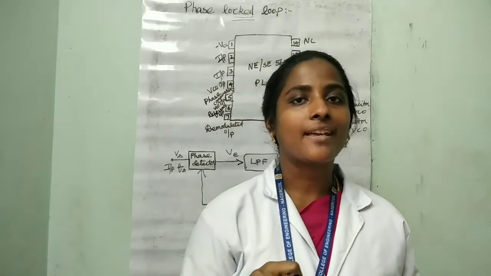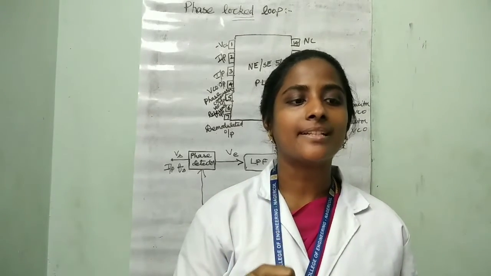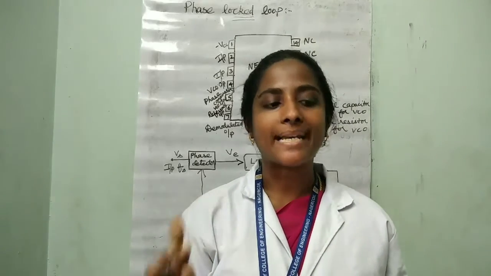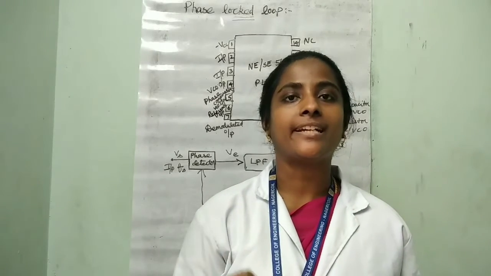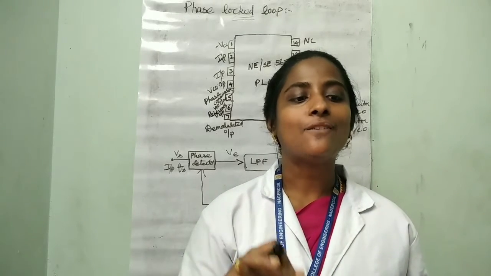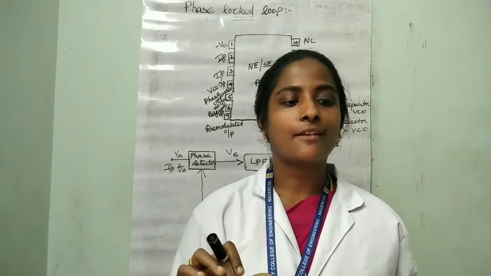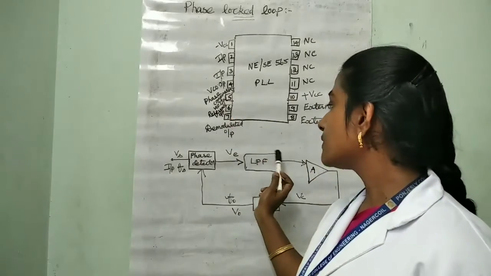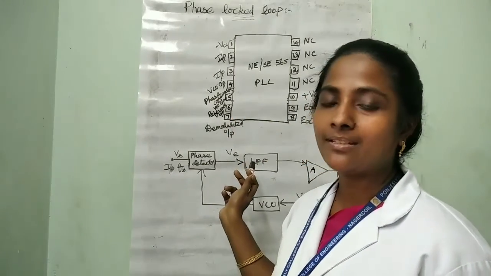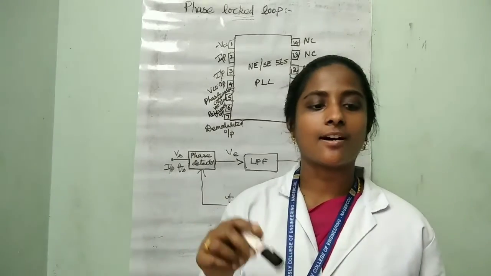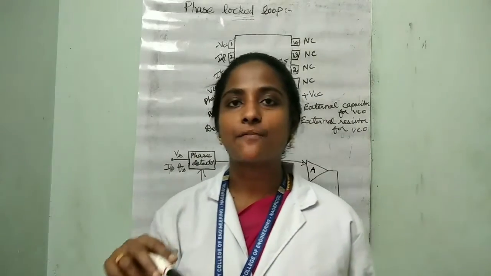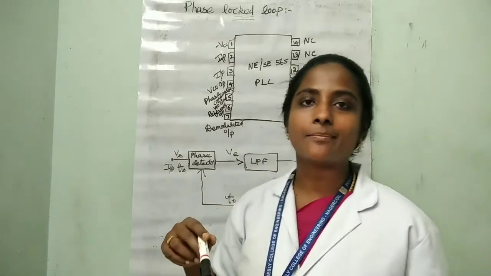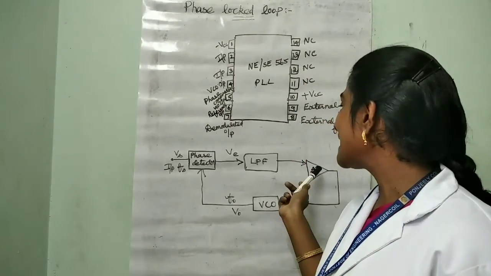The output of the phase detector contains the sum component Fs plus F0 and the difference component Fs minus F0. The high frequency sum component Fs plus F0 is removed by the low pass filter, and the difference frequency component is amplified by the error amplifier.